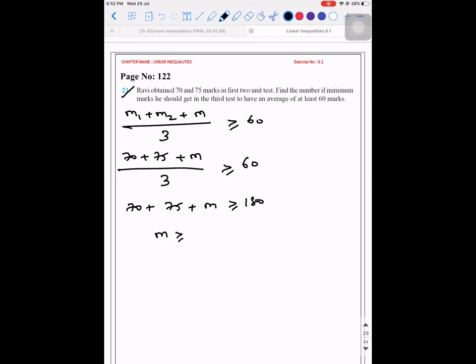So M should be greater than or equal to 180 minus 145. So M should be greater than or equal to how much? So he should get a minimum of 35 marks for his average to be 60.